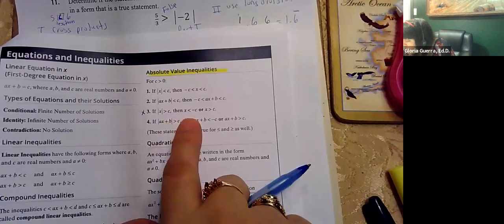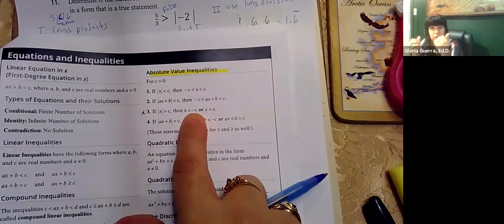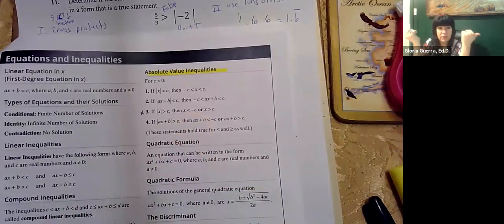And then this is going to happen. It's kind of going both ways. Either X is less than negative C or X is greater than C. So let me write that down.